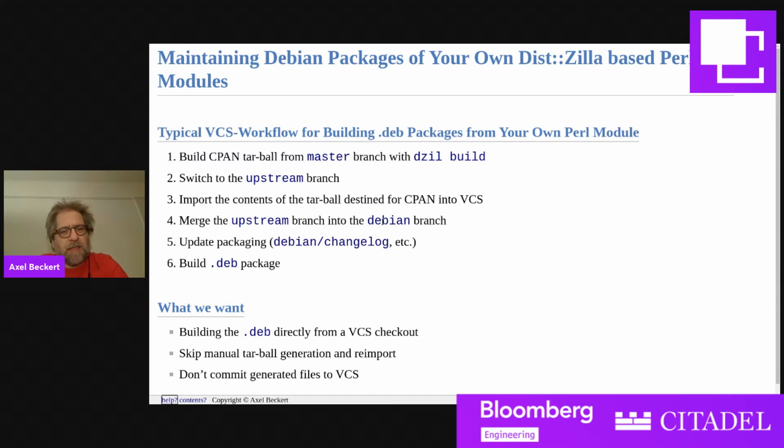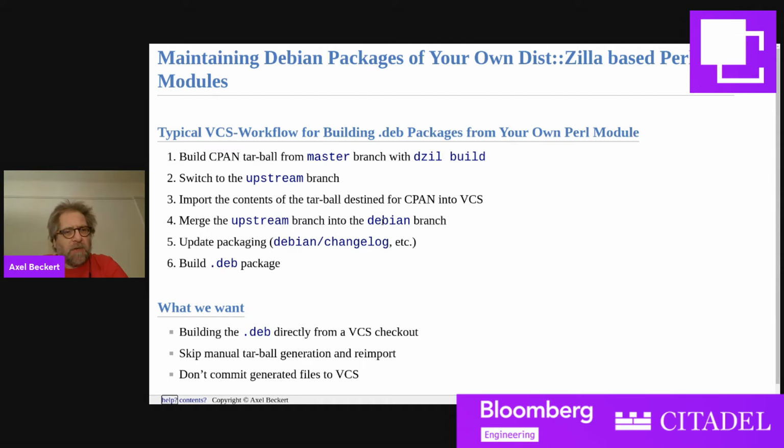So let's look at the typical workflow, how to overcome this. You build the tarball from, for example, the master branch with dzil build. Then you usually have a tarball lying around in the same directory. For Debian, you move it to the parent directory, but that's details.